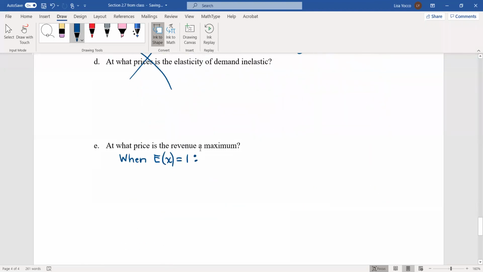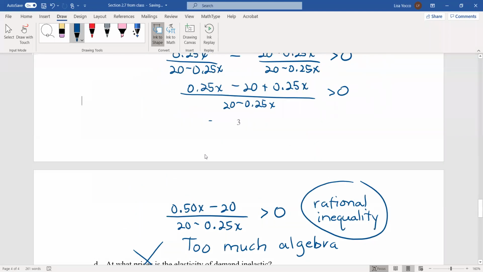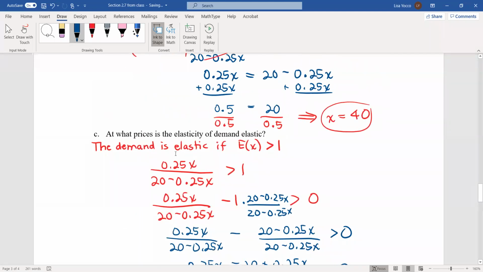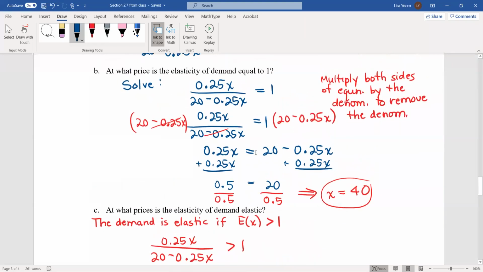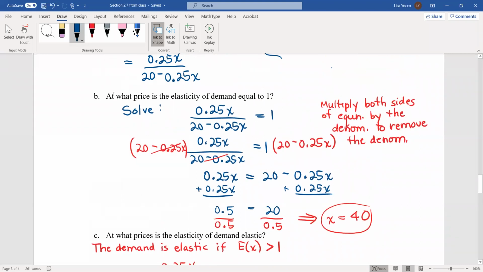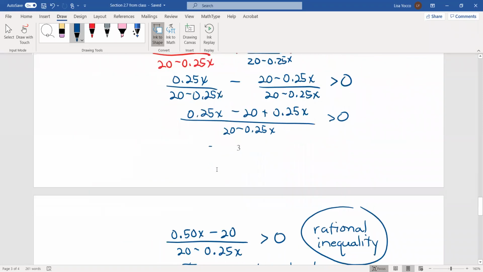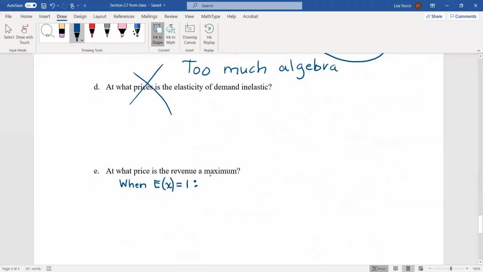So at what price is the revenue a maximum? Okay, so it's the same as the result from part B. So we can just say that when E of X is 1, we said X was 40.